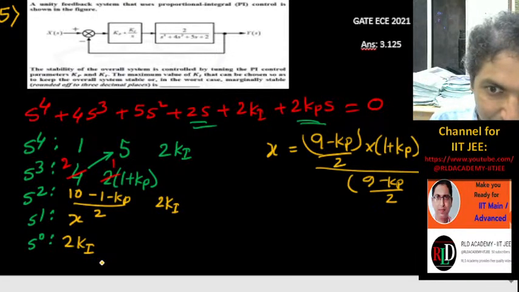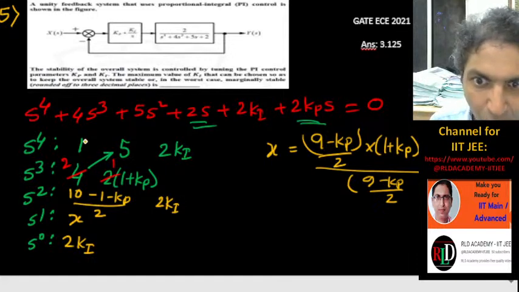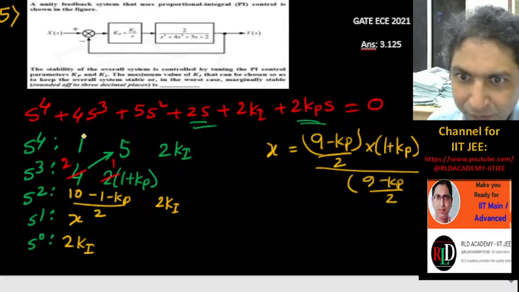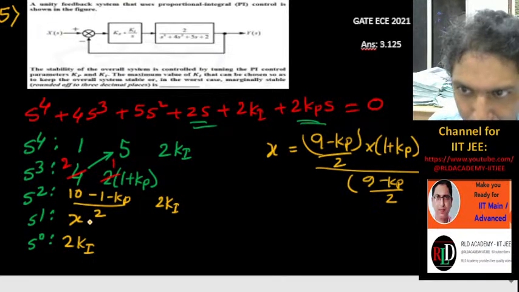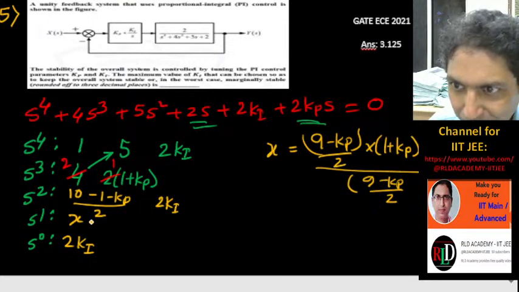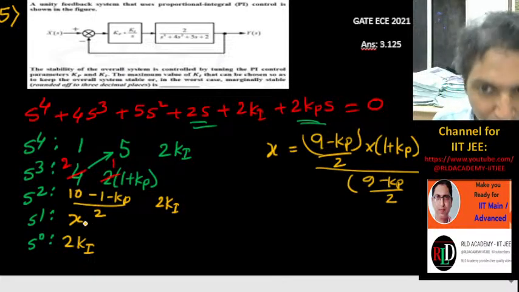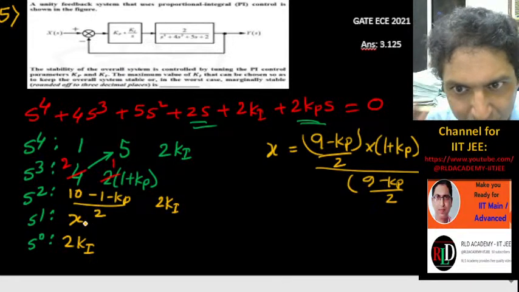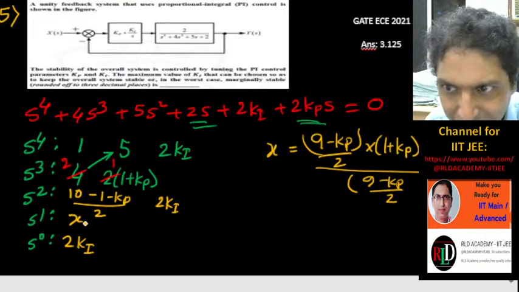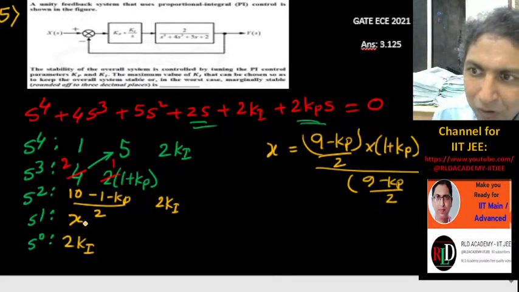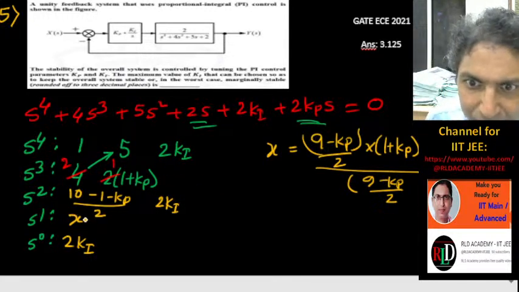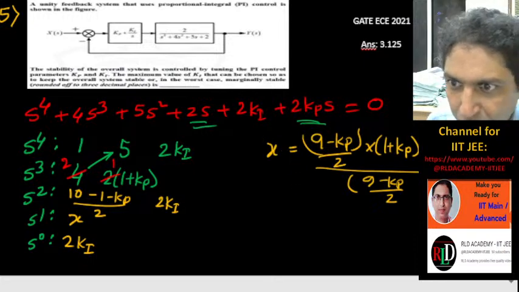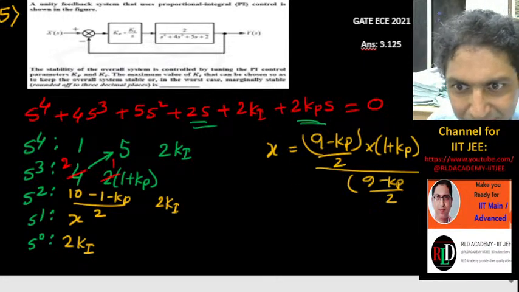Now for stability, what is the required thing? The required thing is that all elements should be positive, and for marginal stability I have said that one part we can make 0. That we can go for, towards the worst cases, but not always necessary. In this case, for marginal stability, what is the requirement? x should be equal to 0, right?